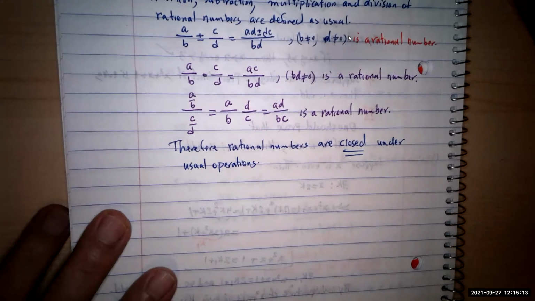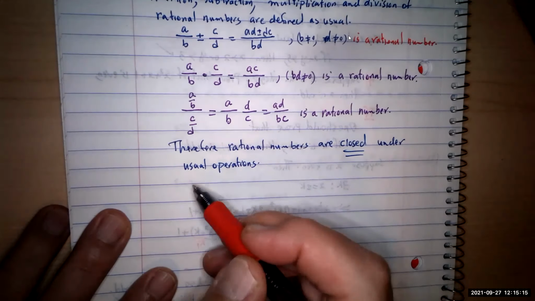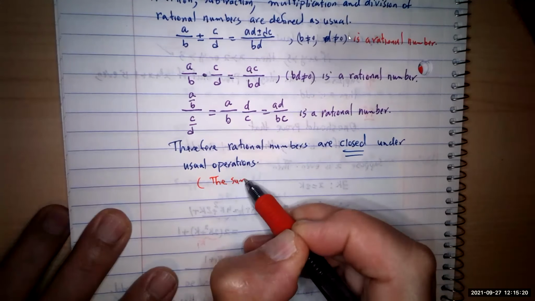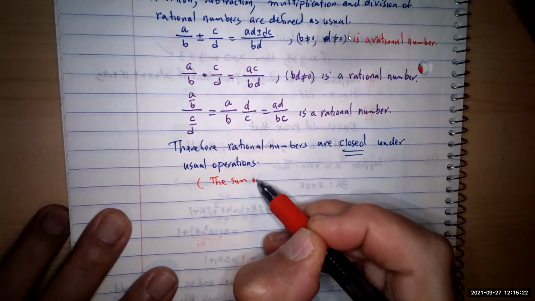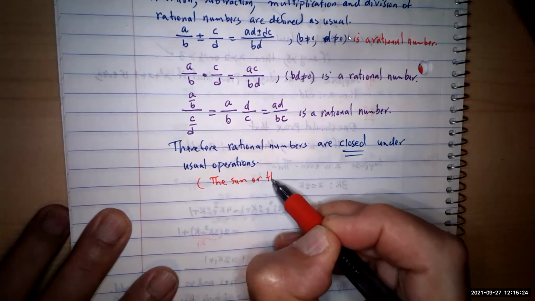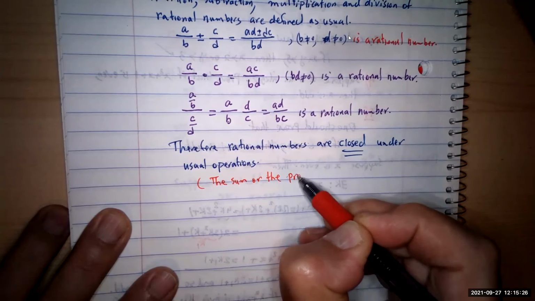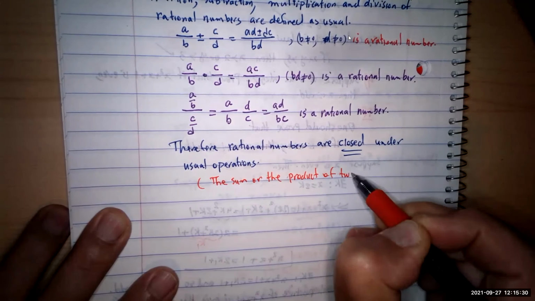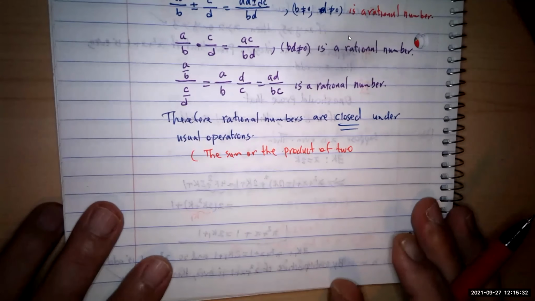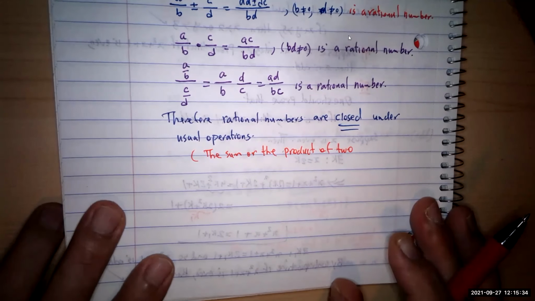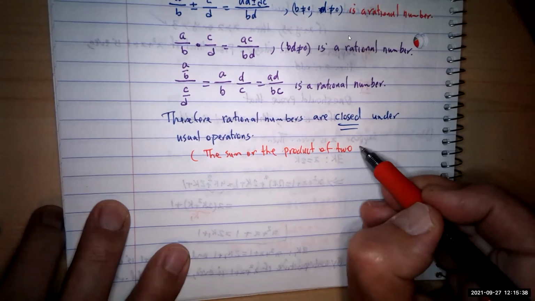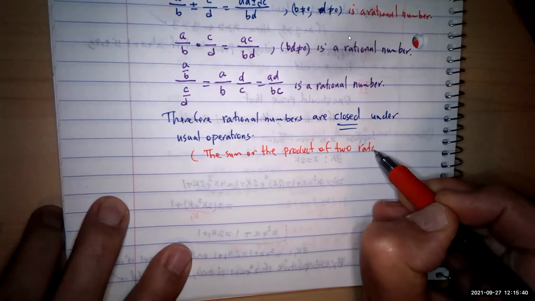Closed means this: the sum or the product of two rational numbers is again a rational number. I just write one of them. The rest, subtraction and division, follow from these two.